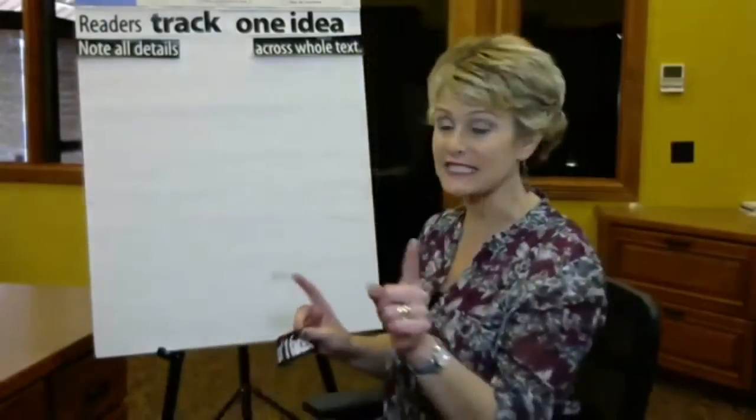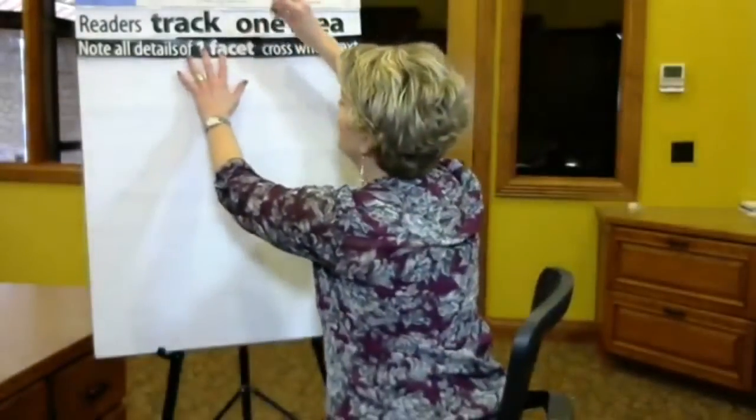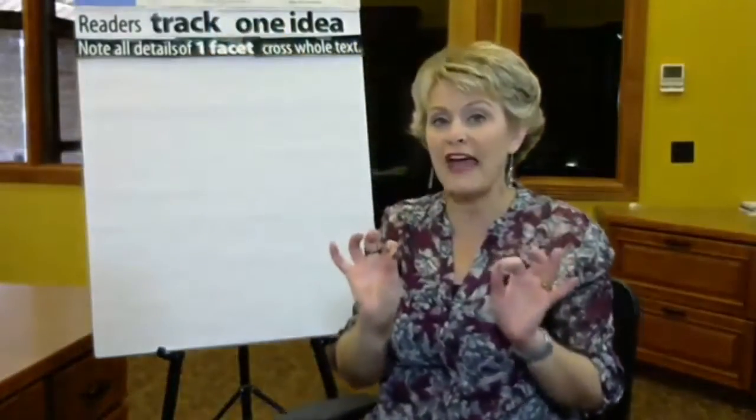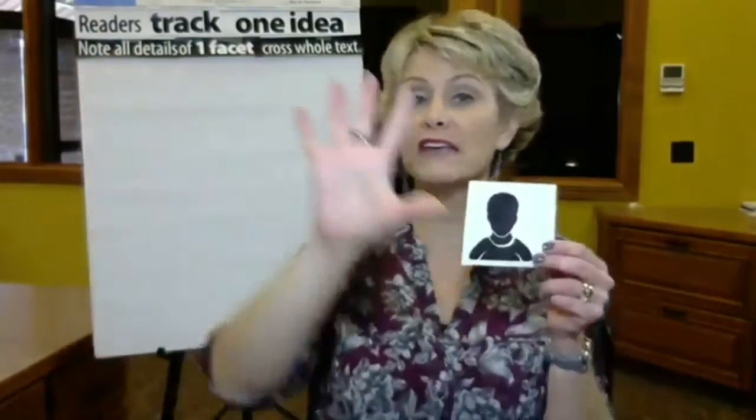All right. So the difference between tracking and summarization is that it's a lot of details, not just the most important, but it's only for one idea, one facet. Okay. So I could track all of the information about a single character. There might be 5 characters, but I'm talking about one character.